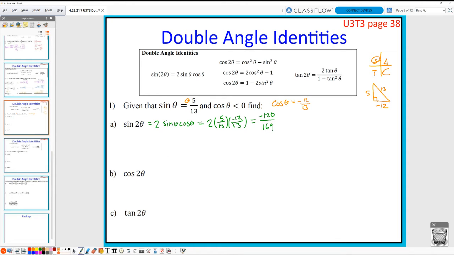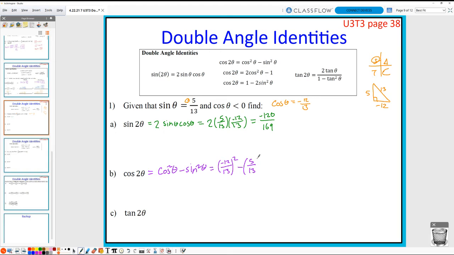All right, cosine of 2 theta. I'm going to change colors here just so I can know which ones I'm working on. Cosine of 2 theta is equal to, I'm going to use the first one, cosine squared theta minus sine squared theta. That's going to equal negative 12 over 13, quantity squared. Again, we want that negative inside.